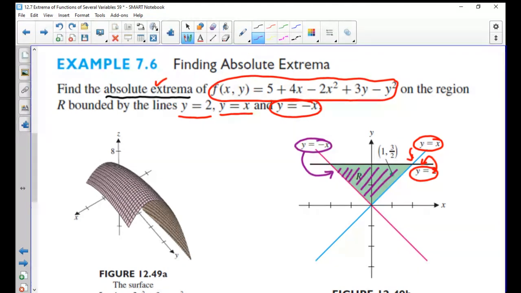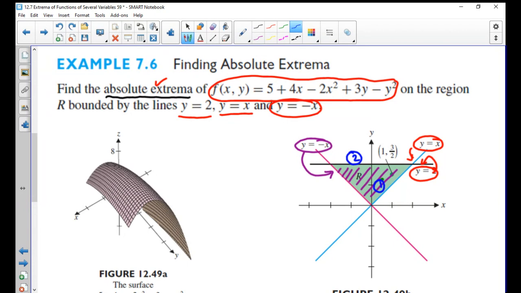Okay, so this is how we're going to do it. We are going to look first inside the region. Then we will look at the function on the line y equal 2, find the maximum, minimum, etc. on that line.